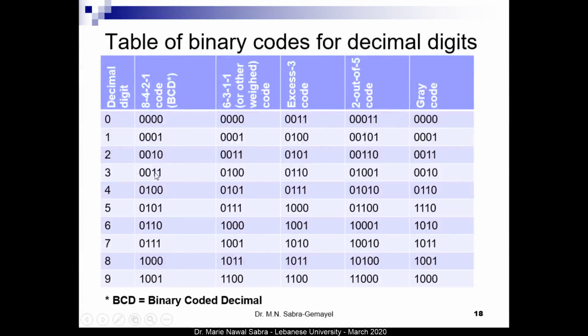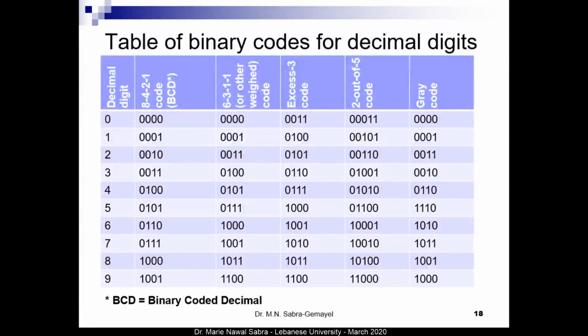So you can go look from this value onwards, they are exact copy, and then you have 3 extra values, which in binary are 10, 11, and 12, but in here they are the codes of the decimal digits between 0 and 9. Another interesting code is the 2 out of 5. So in 2 out of 5 code and in XS3, we don't have series of zeros because sometimes when you code images, we have a lot of black, and black is represented by a 0 value.